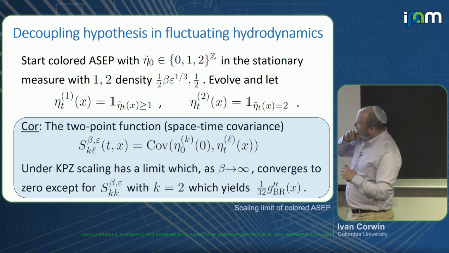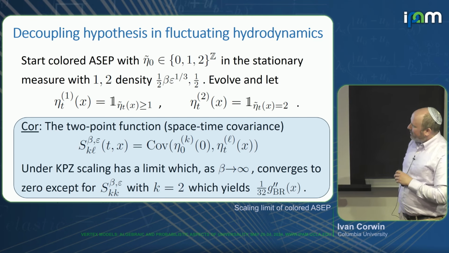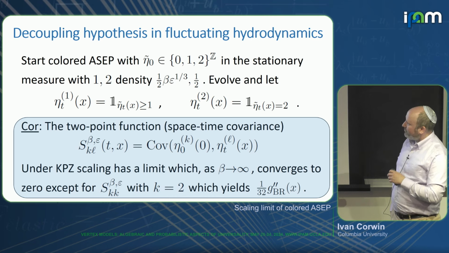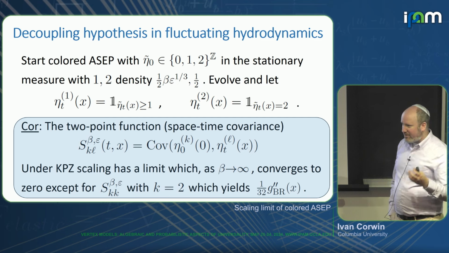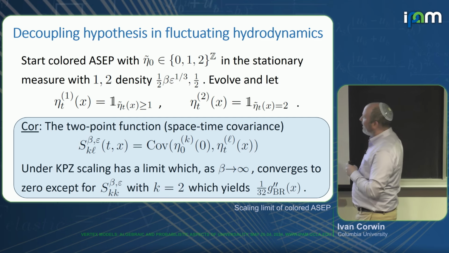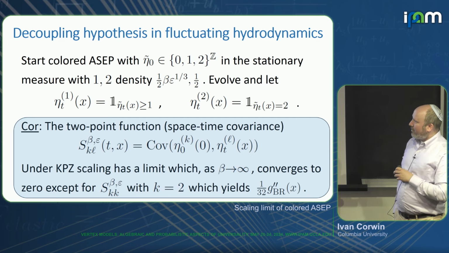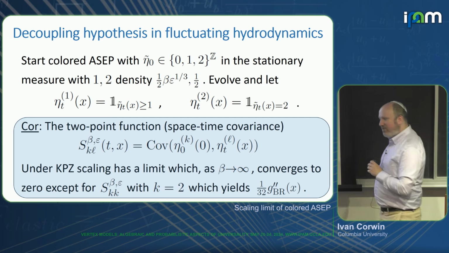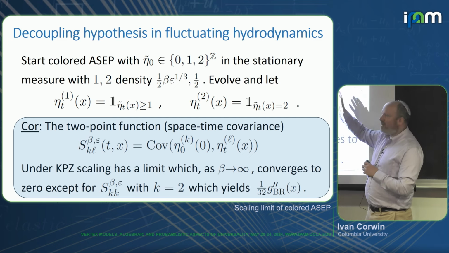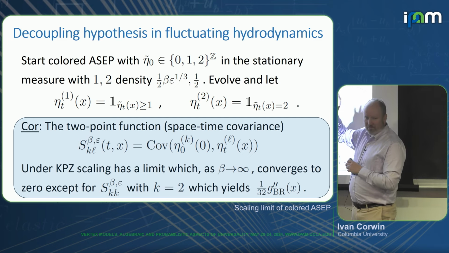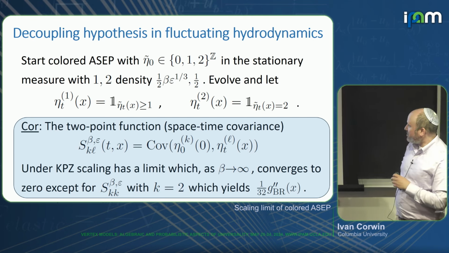I won't go into the details of this, but maybe I will say one more thing relevant to this, which is that for these colored models, you can also define colored stationary measures, so multi-species stationary measures. They're complicated. There are descriptions that, for instance, James Martin has for ASEP. Taking scaling limits of those is hard, but once you have this 2-parameter result, we can actually, for free in some sense, take a scaling limit of the joint stationary measures and get this thing called the stationary horizon.